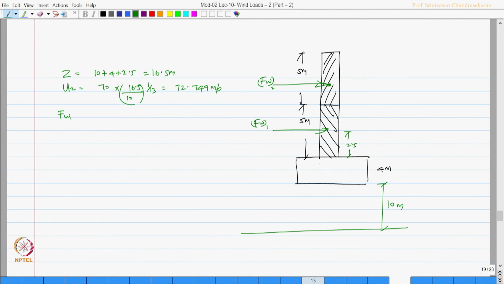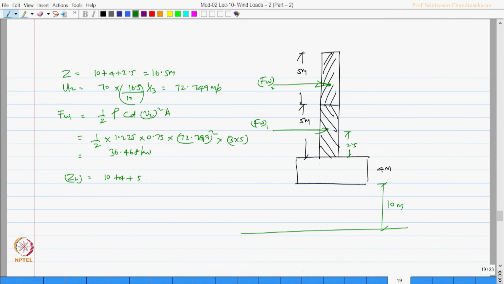Therefore, FW1 will be half rho CD u z square projected area, which is half into 1.225 into 0.75, that is cylindrical, into 72.749 square multiplied by projected area, which is 3 into 5. 3 is the diameter and 5 is the height, which gives me 36.468 kilonewton.